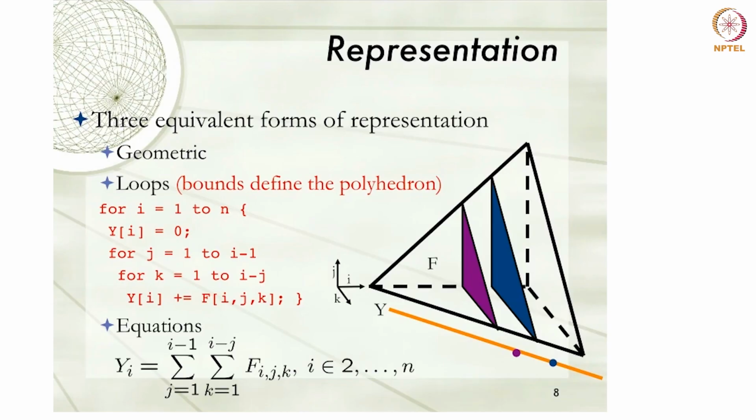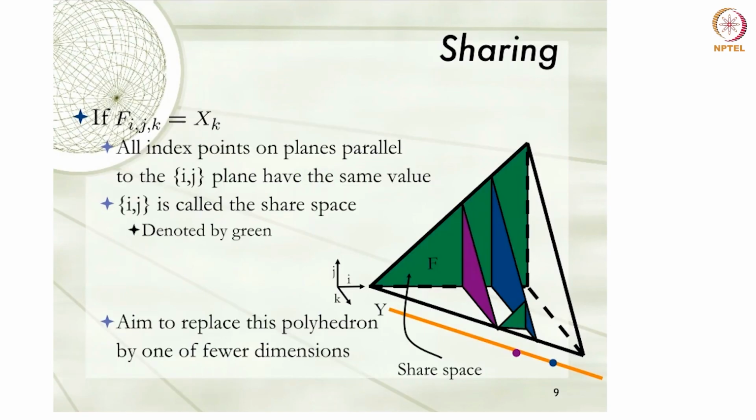The simplification is only possible if there is some sort of reuse among the different values of f. I'm going to give you the simple case of reuse. Look at the body. Instead of f(i,j,k), it is x sub k.